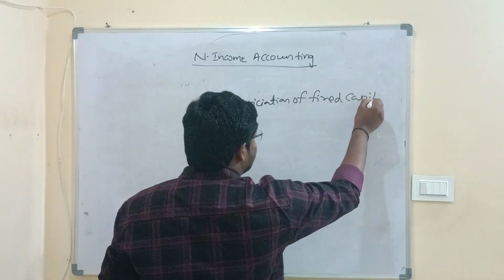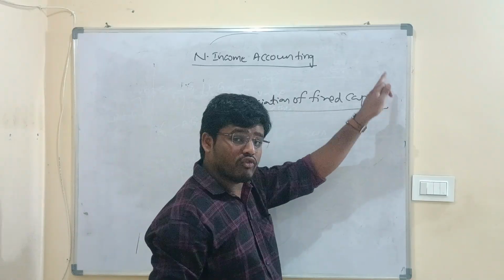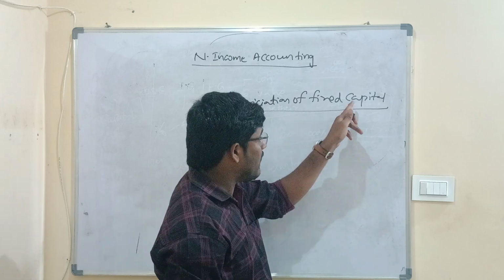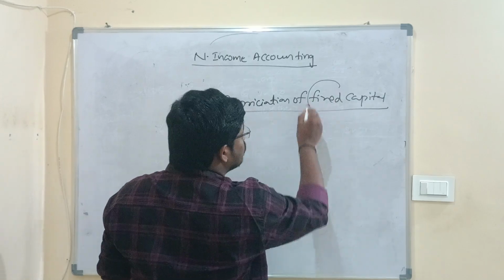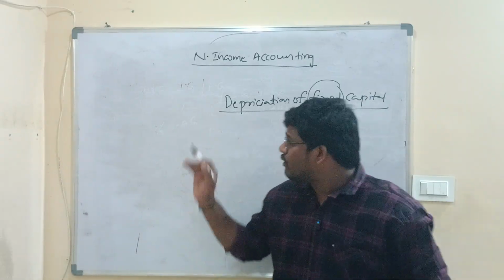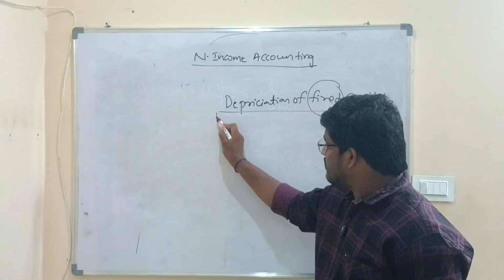For the first time I have used the term fixed before capital. The capital I am referring to is the same capital I used in the four factors of production and in capital goods, but I have added the term fixed. We will discuss why. What is the concept of depreciation of fixed capital?